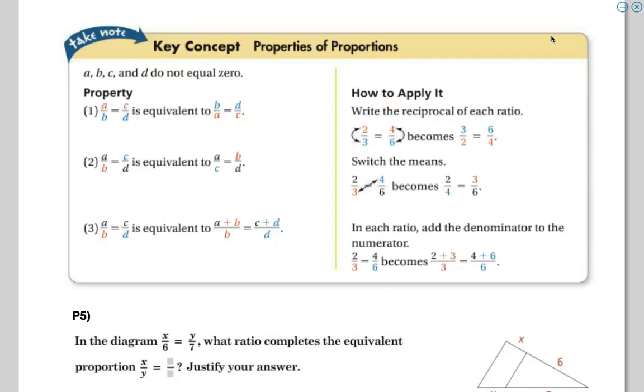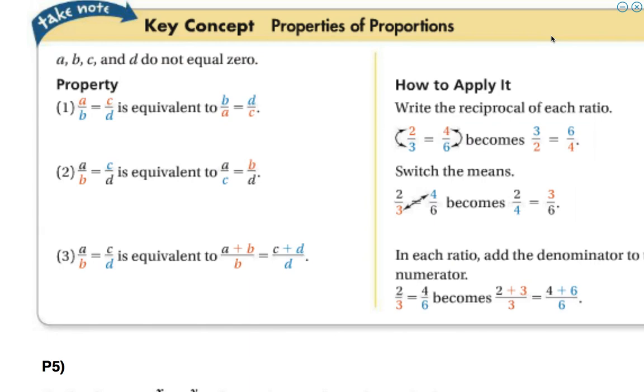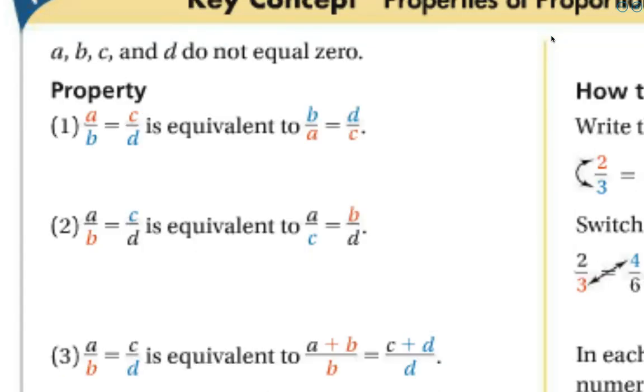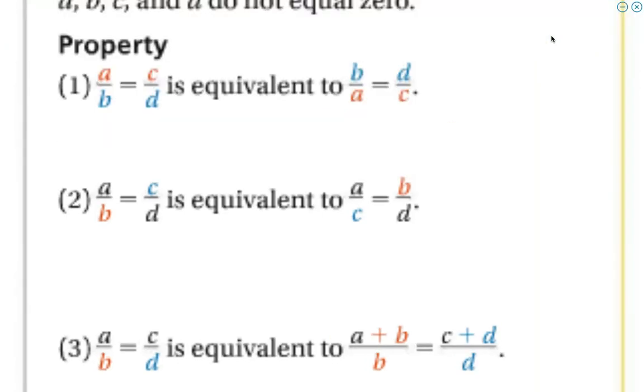All right, and then to finish off, it's just important here to understand that we can write a proportion essentially 4 different ways. So if I set something up like A over B, C over D, it's okay to flip both of these fractions. If I have something like A over B, C over D, it's okay to basically write it horizontally.